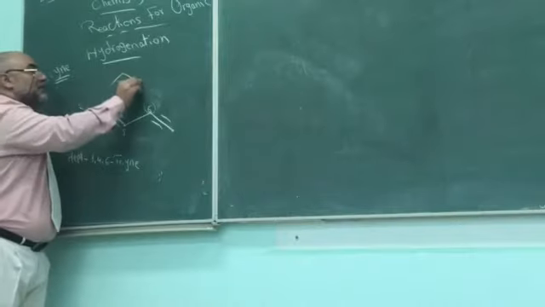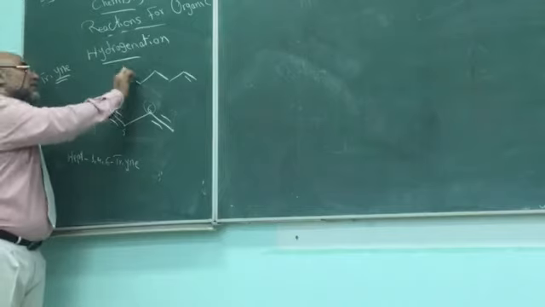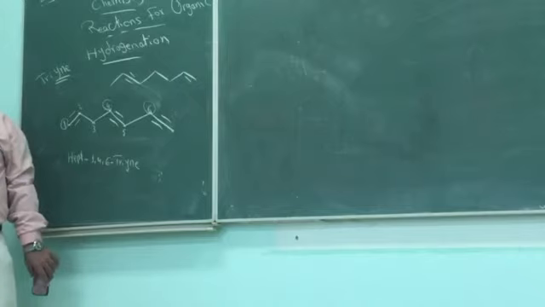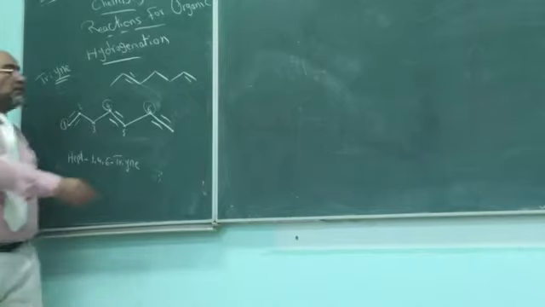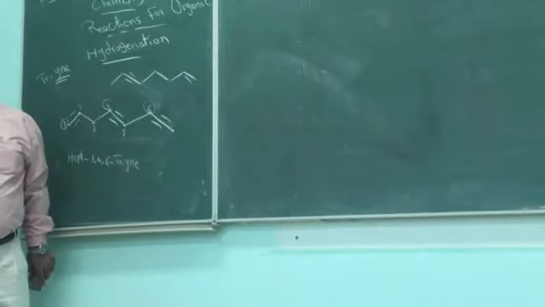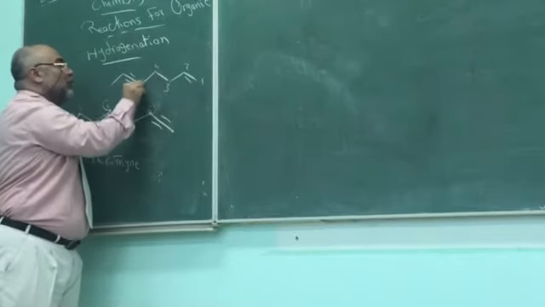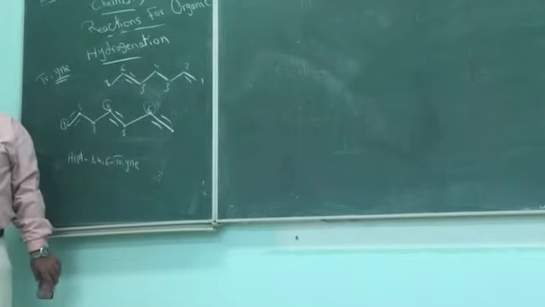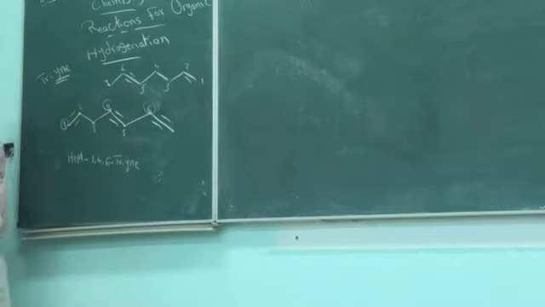If I give you this one, from which carbon can we start? From left or right? Right to left. So, 1, 2, 3, 4, 5, 6, 7. If you have here 1, 2, 3, 4.